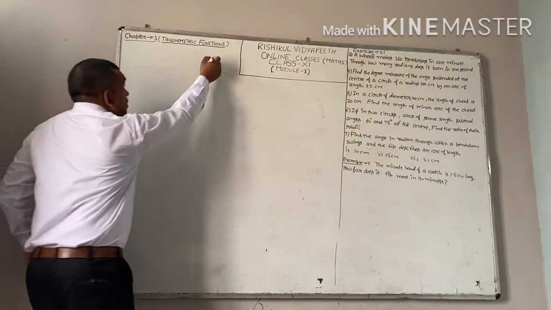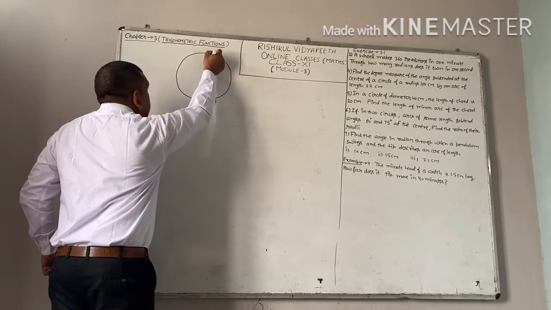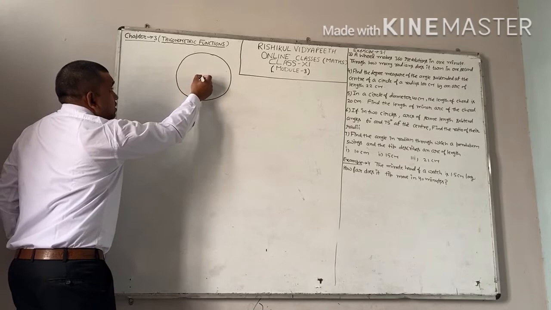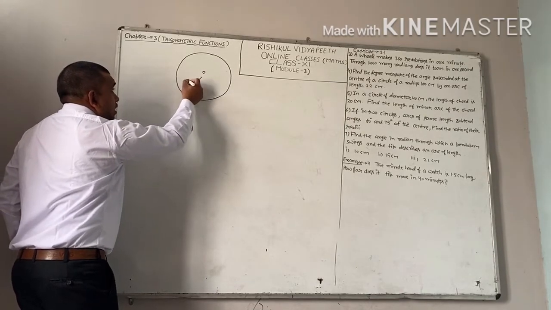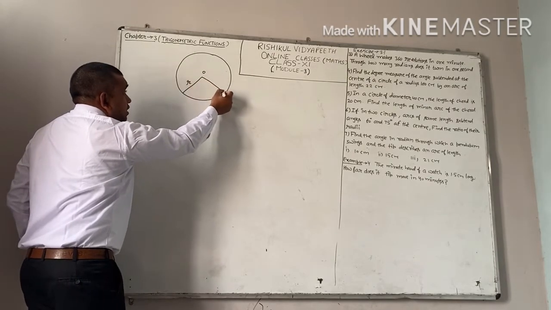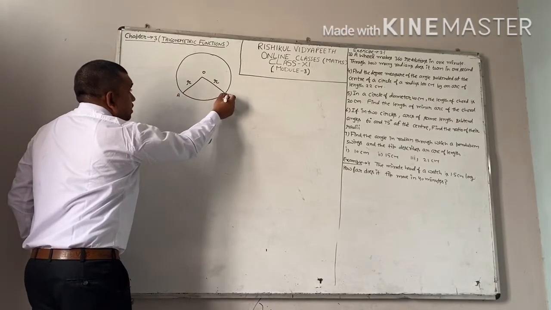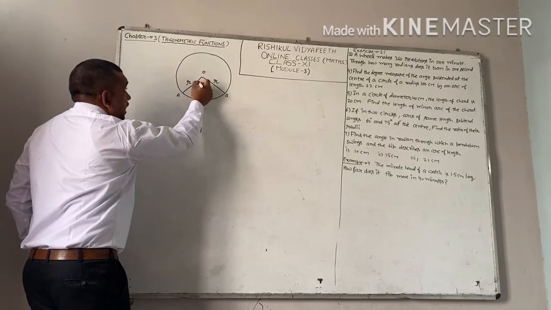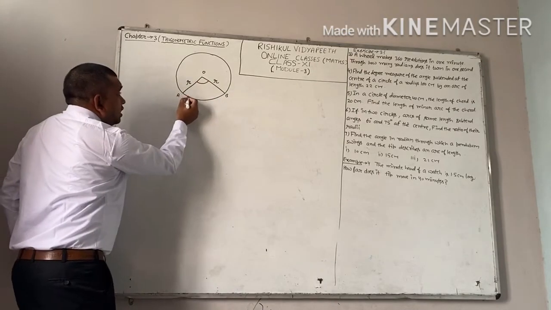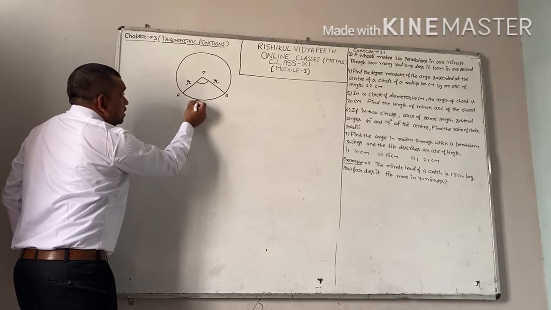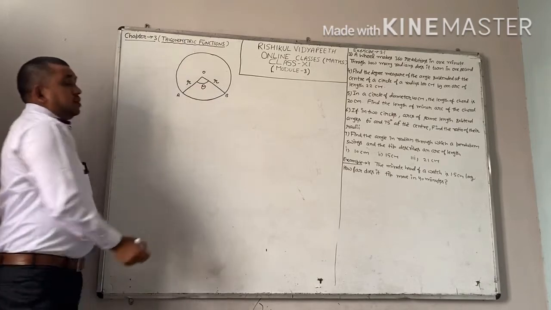Now, consider a circle. This is the circle. Let its center be O. This is your radius R, and this is also your radius R. Let this be point A and this be point B. Let the angle made by these two radii be theta.